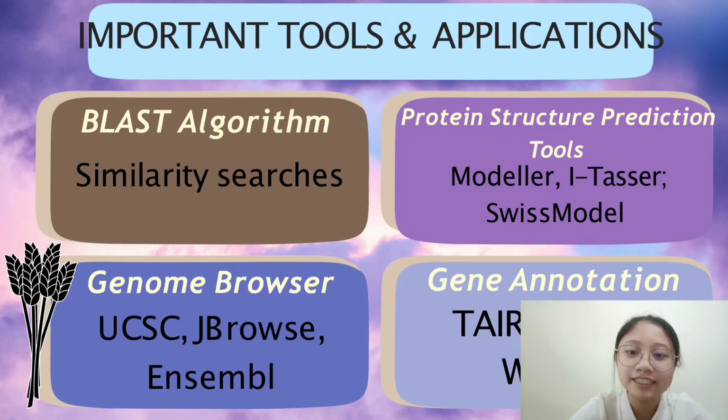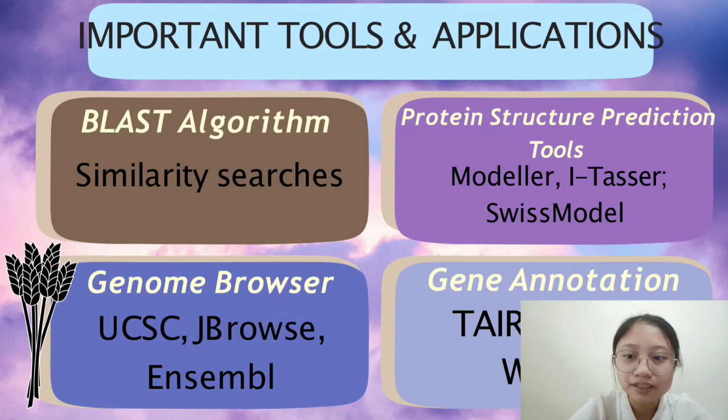Firstly, the BLAST algorithm, whose full name is Basic Local Alignment Search Tool, is an algorithm and program used for comparing primary biological sequence information such as amino acid sequences of proteins or nucleotides of DNA or RNA sequences. BLAST is also used in similarity searches.